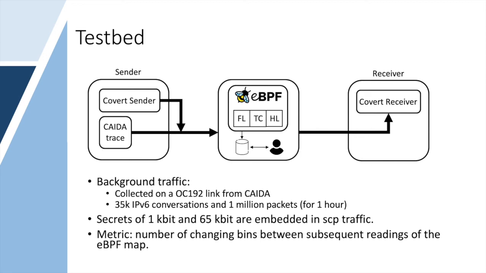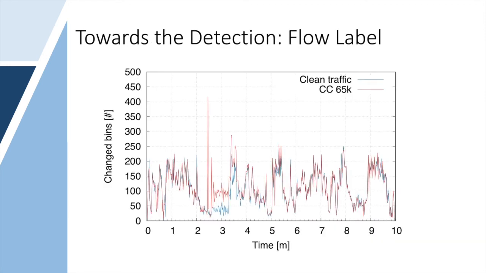The metric that we chose to use is the number of changing bins between subsequent readings of the eBPF map. In the case of flow label, through this metric, it is possible to estimate the amount of IPv6 conversations. In fact, every packet belonging to the same IPv6 flow is expected to use the same flow label value.